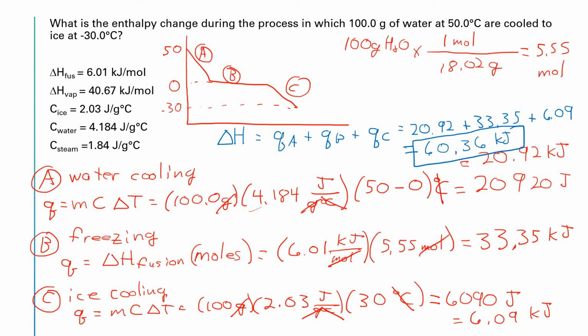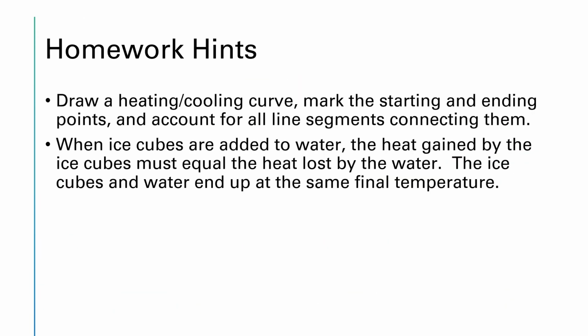Since we're removing heat, this is exothermic, and this should have a negative sign. This should be negative 60.36 kilojoules. We also know that because liquid is at a higher enthalpy level than a solid is, so even just that phase transition has to be exothermic, and the cooling is exothermic as well.